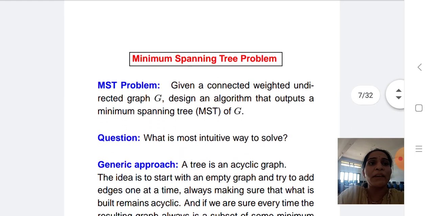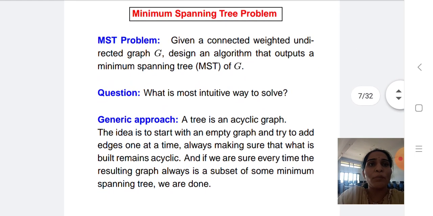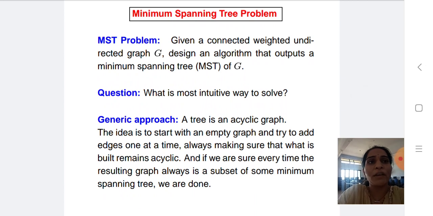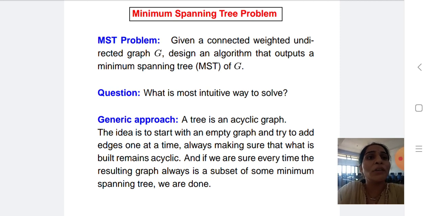Now the minimum spanning tree problem. The MST problem means: given a connected weighted undirected graph G, design an algorithm that outputs a minimum spanning tree (MST) of G. The question is, what is the most intuitive way to solve it? The generic approach is, a tree is an acyclic graph.